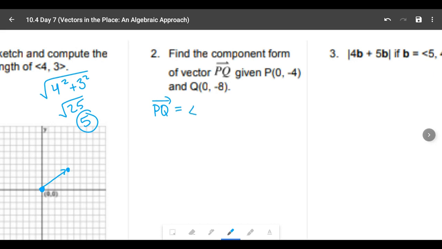So I'm going to take the x components. I'm going to take my Q values first and subtract my P values. And so if we simplify this, PQ is going to be the vector 0, -4.